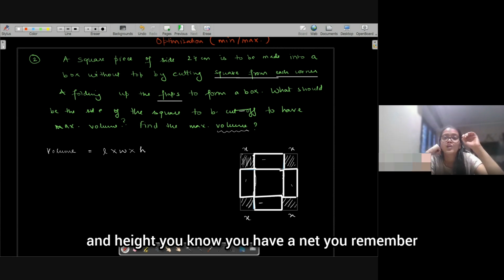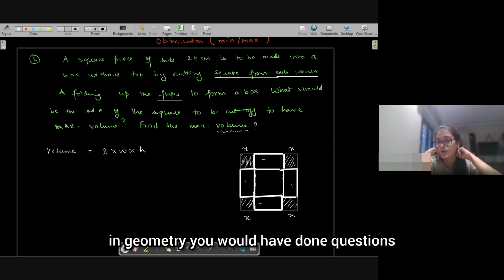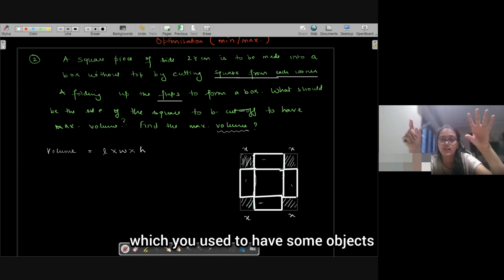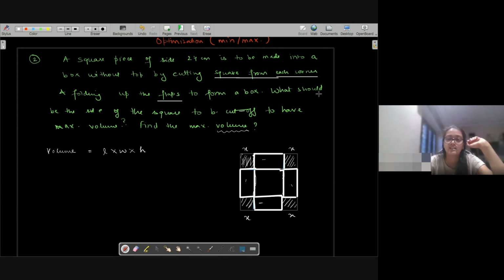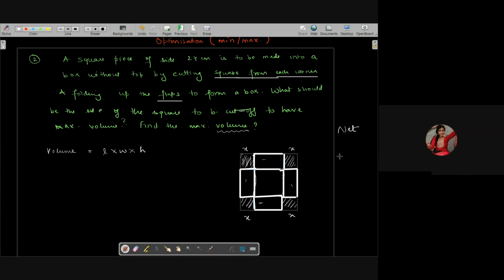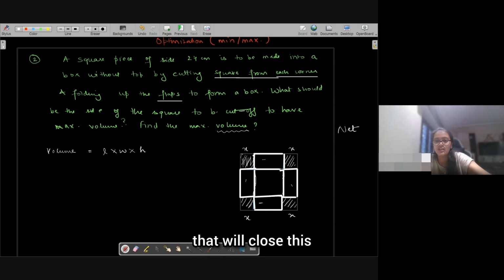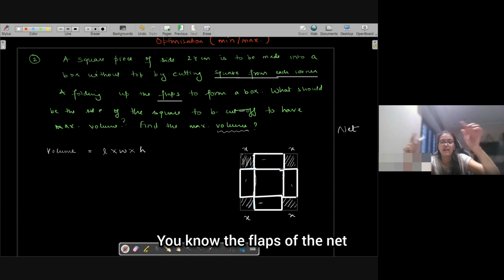You have a net. You remember in geometry, you would have done questions on 3D shapes in which you had some objects and created their net. Right now, what you actually have is a net, and we imagine closing the flaps of the net.